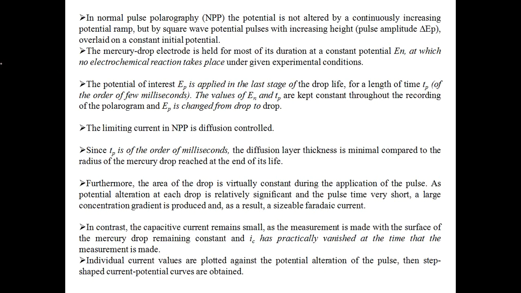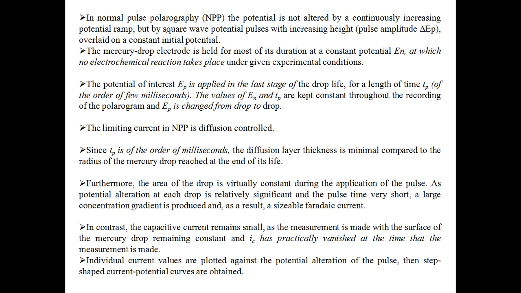So in normal pulse polarography, the potential is not altered continuously like an increasing potential ramp, but a square wave potential pulse with increasing height, that is, the pulse amplitude is gradually increased for every drop. So the mercury drop electrode is held for most of the duration at a constant potential En, at which no electrochemical reaction is happening.